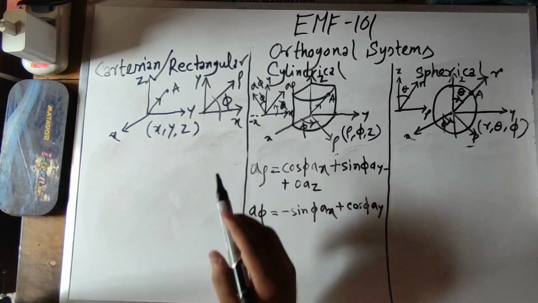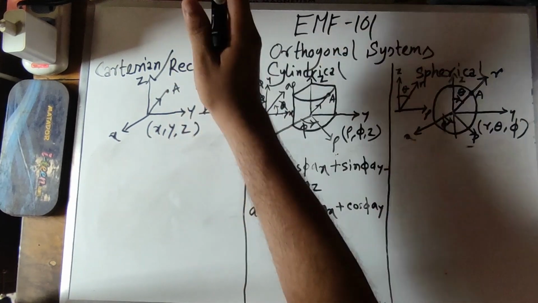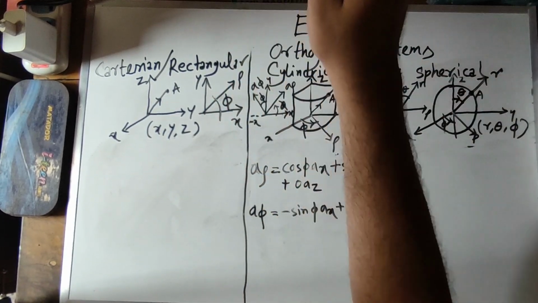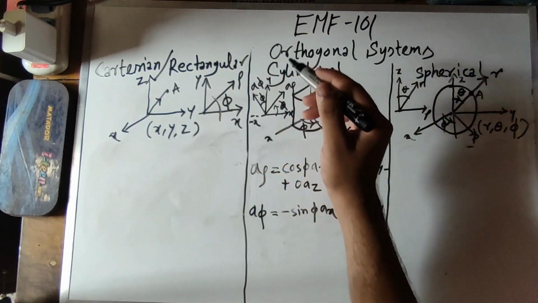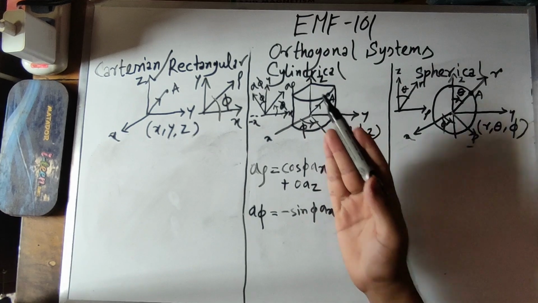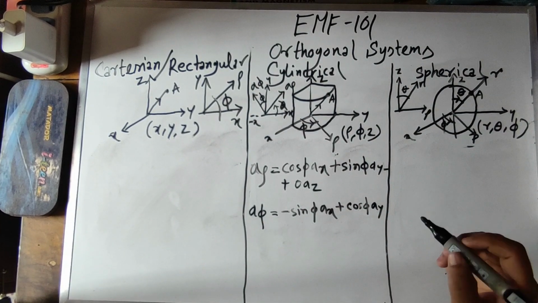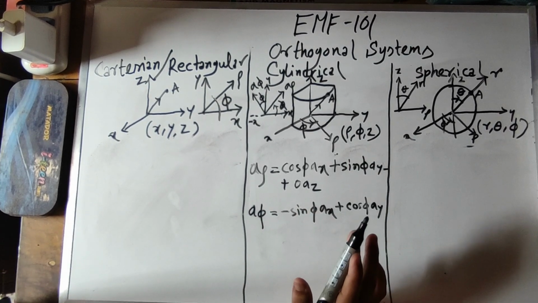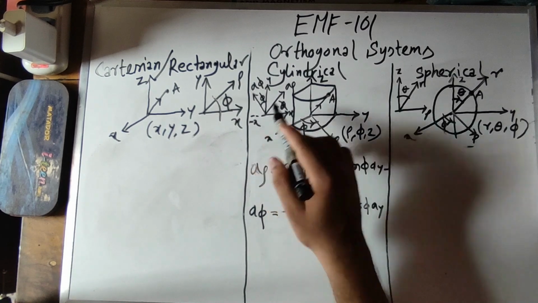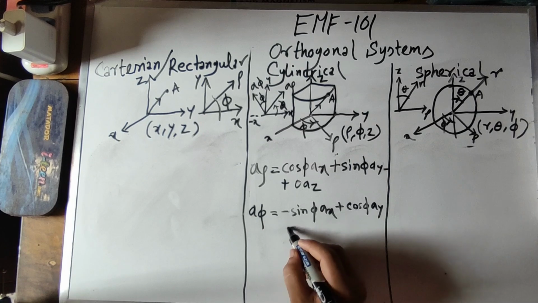All the unit vectors are in the direction parallel to the direction of the axis. So ay is in the direction of y, ax is in the direction of x, a row is in the direction of a row, a phi is in the direction tangential to the angle. And a row doesn't have any component in the direction of z because a row and az are perpendicular to each other, so zero component.